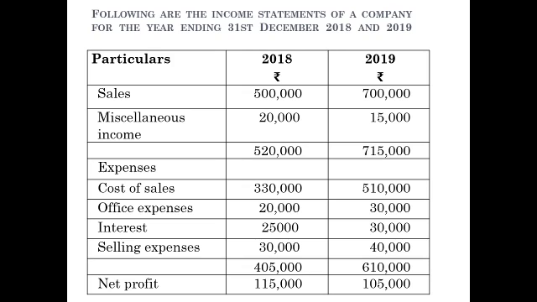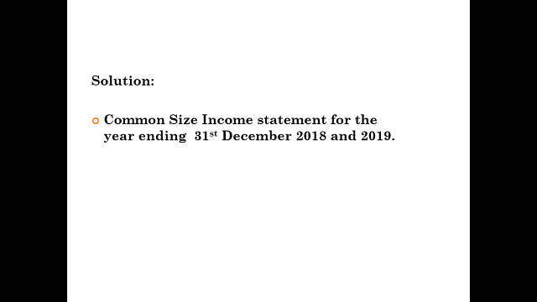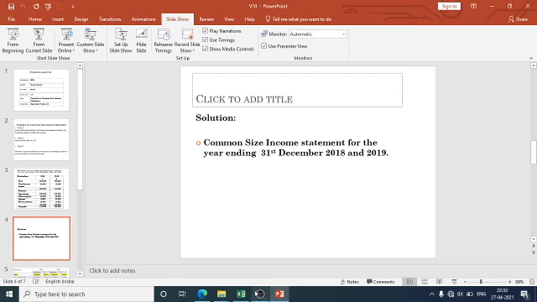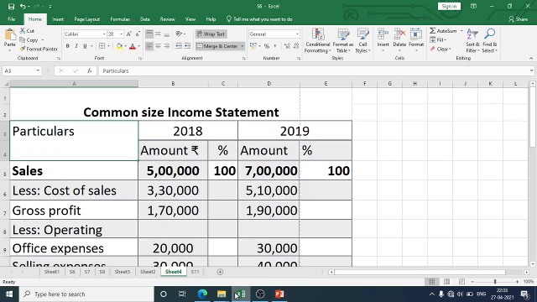So let us go to the solution. So preparation of the common size income statement for the year ending 31st December 2018 and 19 through the Excel sheet. Fine. So first you need to write the heading common size income statement.